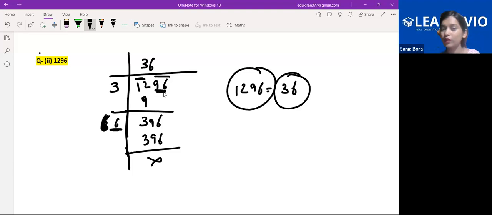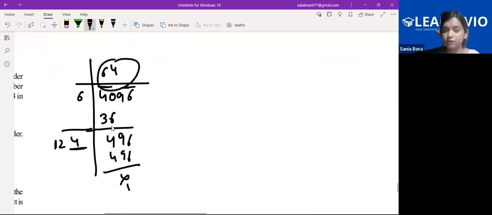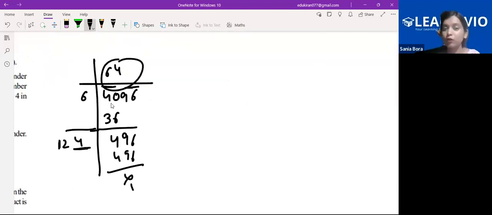96 will come here, right? No, ma'am. 3 should be double. No, previous one for 64, it was 40 minus 36, so you'll get 12. So, for this one, it's 3. No. 40 minus 36 is 4. How come 12?